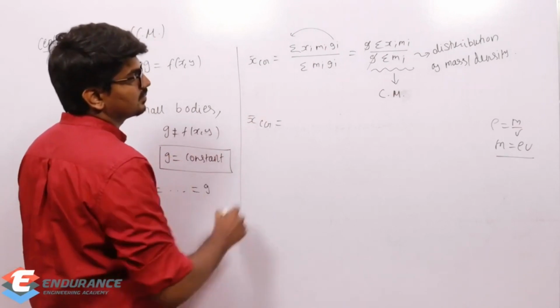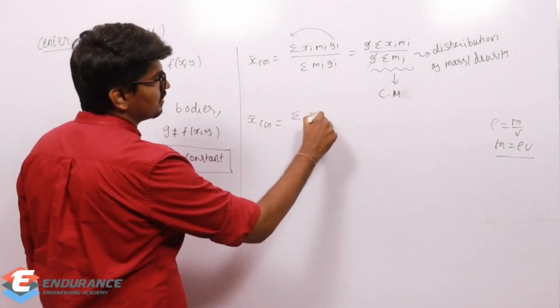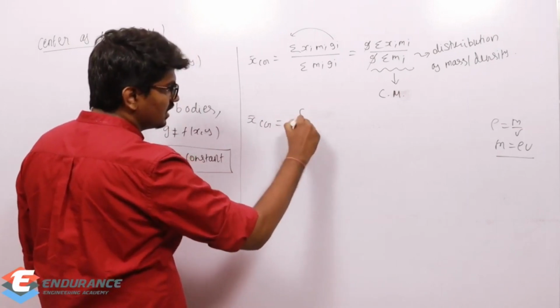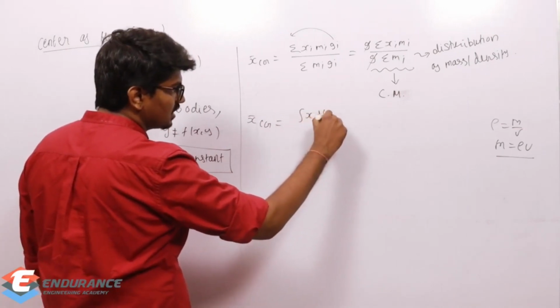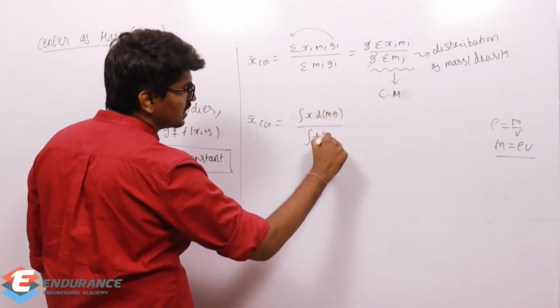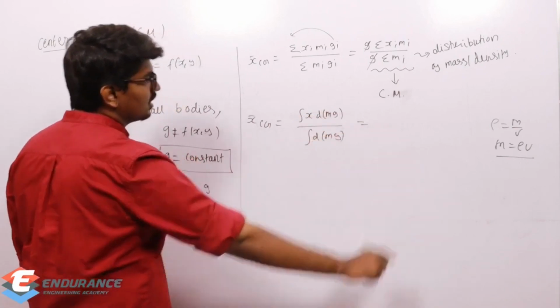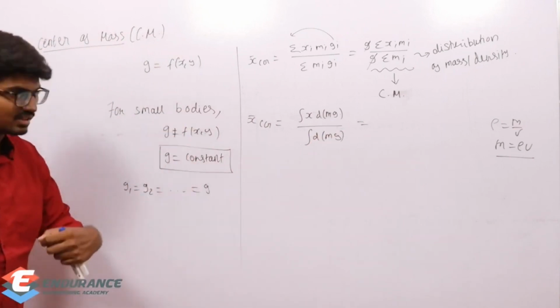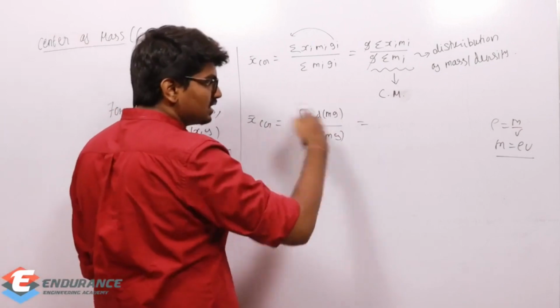Now similarly, what about a continuous system? For a continuous system, again, it is integration of x into dm g by integration of dm g. Since we are assuming that for a small body g is constant, I can take g outside commonly.